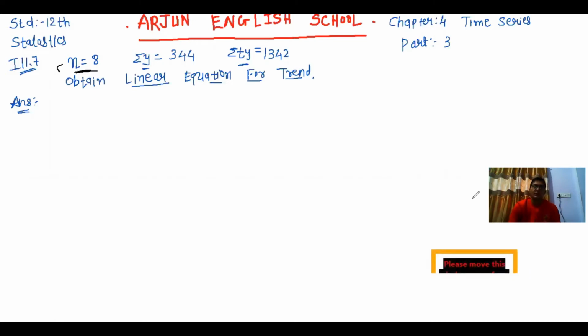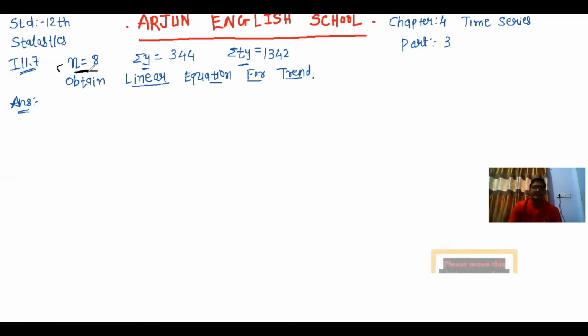Today we are going to start with the chapter Time Series part 3, in the 12th standard Statistics subject. Here we have already completed the topic linear equation for trend. But now, how to solve this sum when observations t and y are not given?